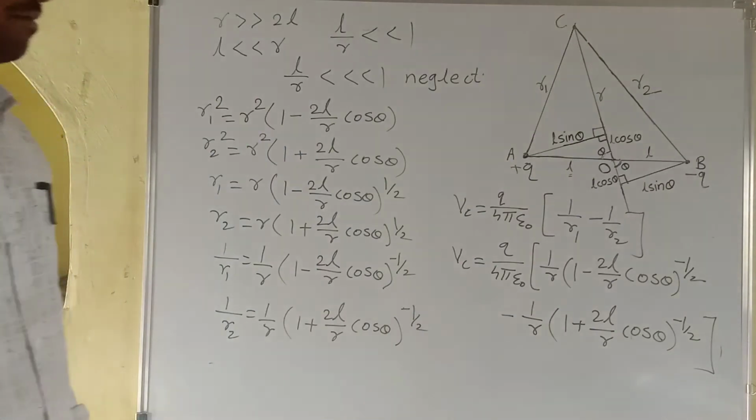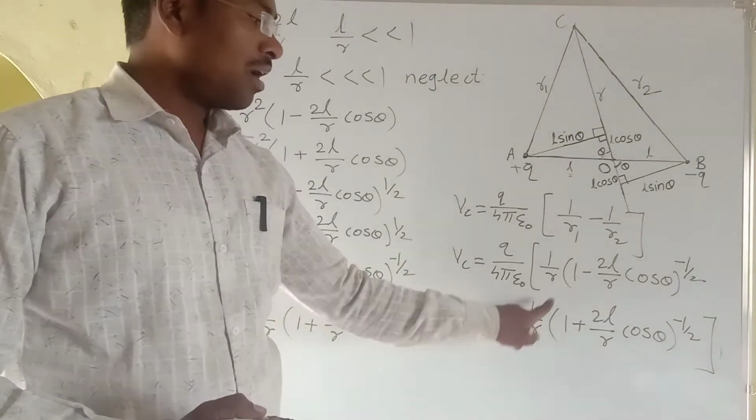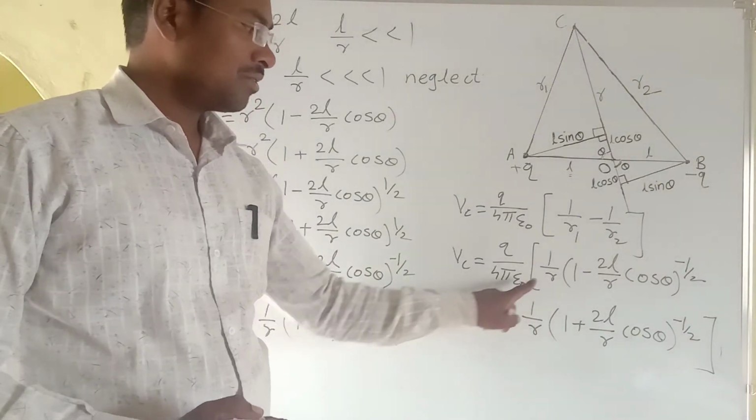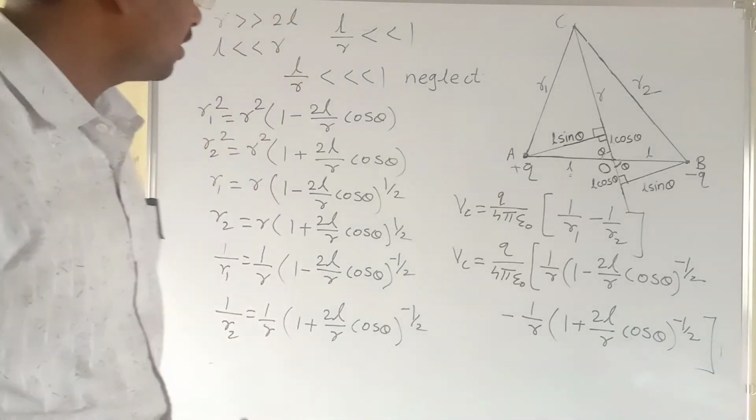Okay. Here 1 upon R is common to both terms, so take it outside.